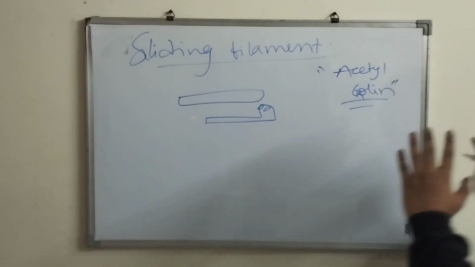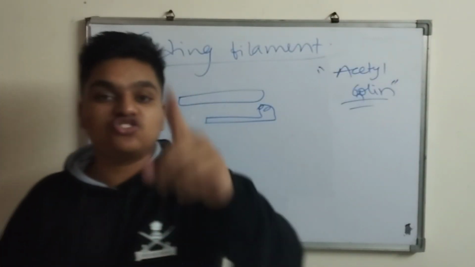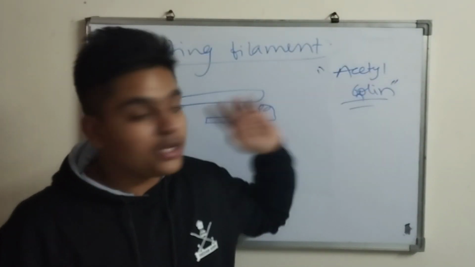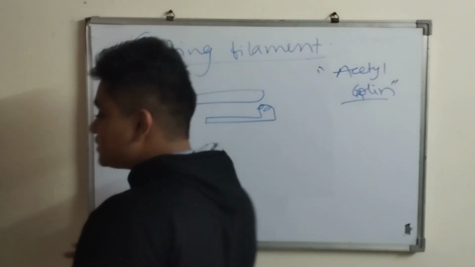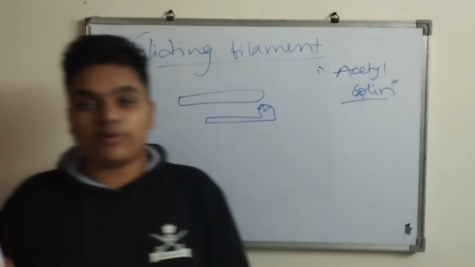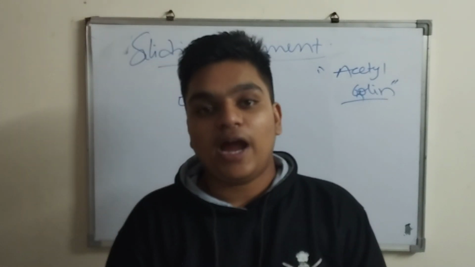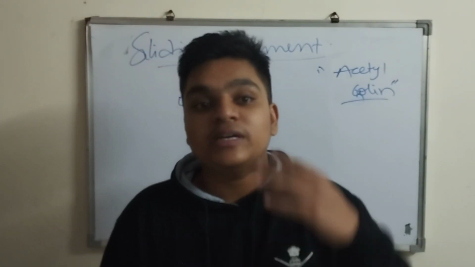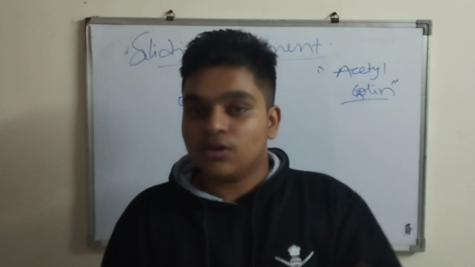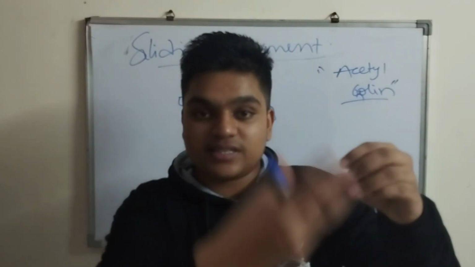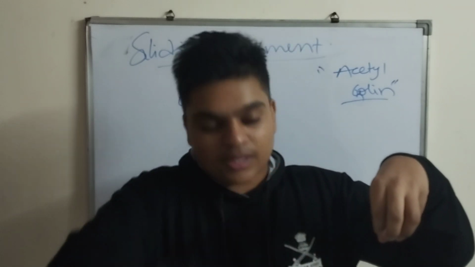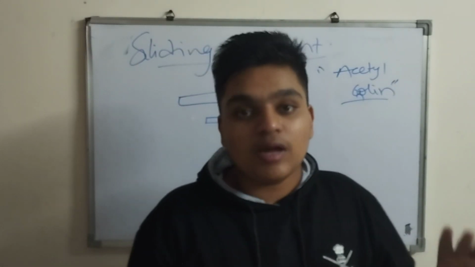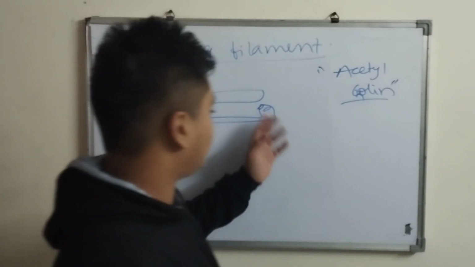Here the neurotransmitter at the neuromuscular junction is your acetylcholine. When this acetylcholine is released, it stimulates the release of calcium ions from the sarcoplasmic reticulum. These calcium ions come and sit on the TNC part, and this tropomyosin unmasks the active site for the myosin head to bind to the actin filament.